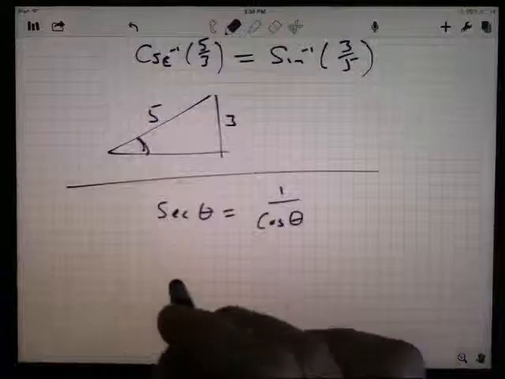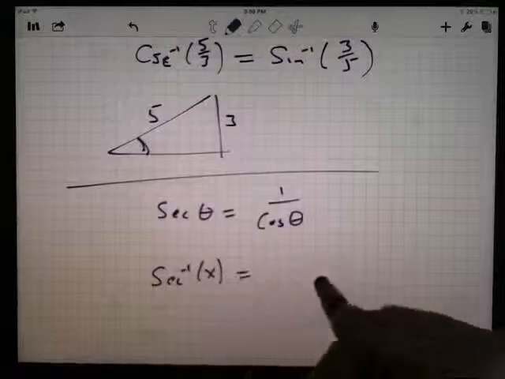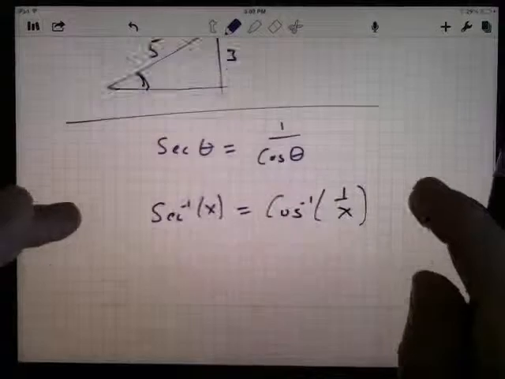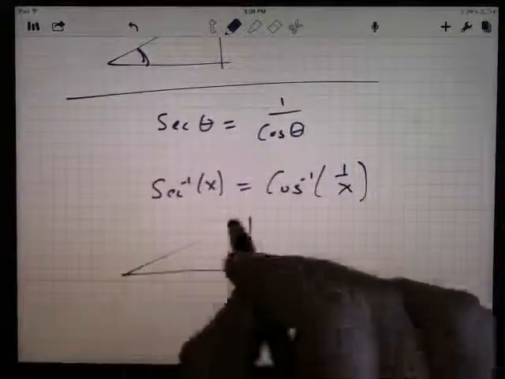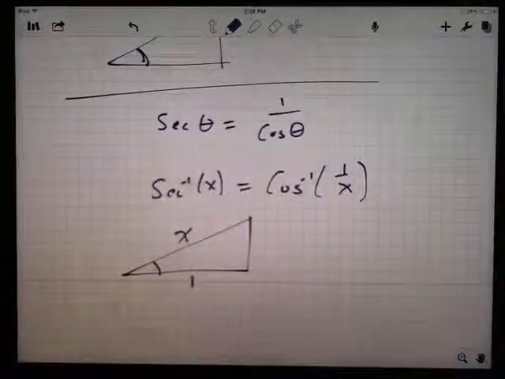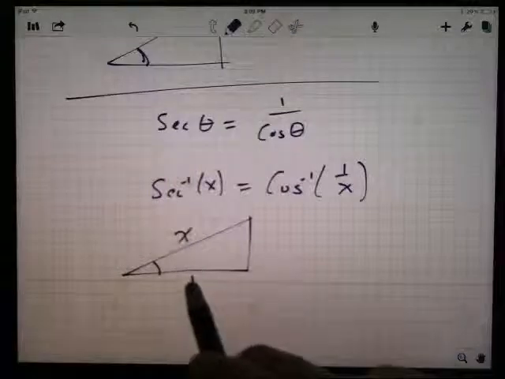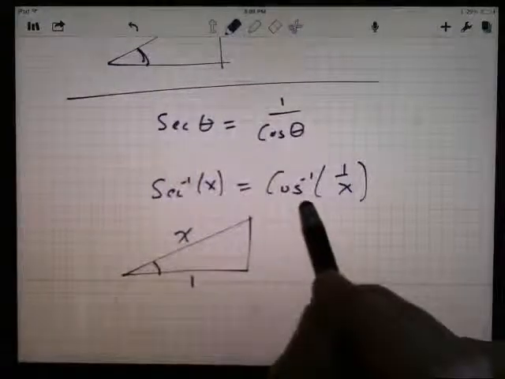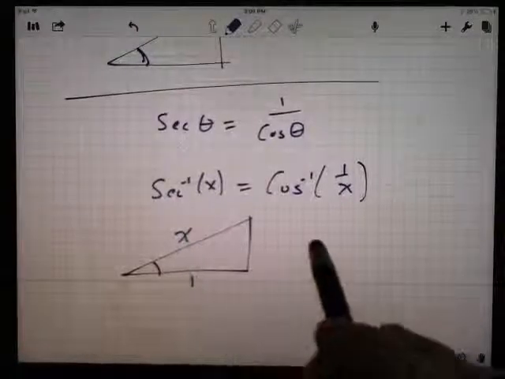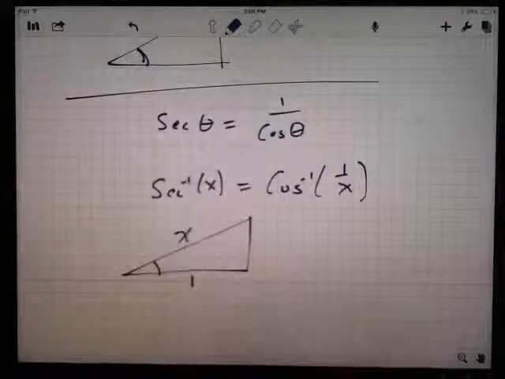So when I look at the inverse secant of x, this should be the inverse cosine of 1 over x. Again, the picture that I draw here is a triangle. If I make this side x and this side 1, then this angle I can think of either as the angle whose secant is x divided by 1, or as the angle whose cosine is 1 divided by x. Both of these are the same angle.